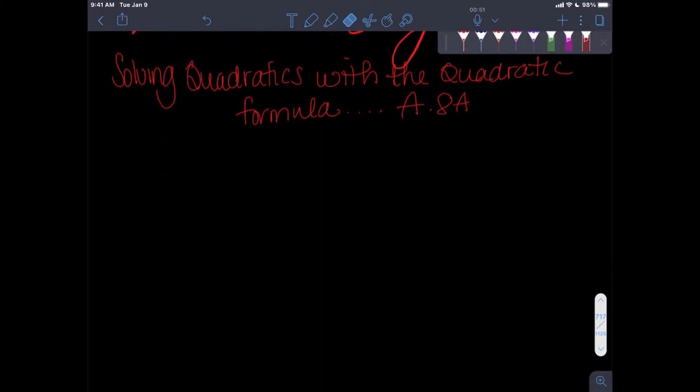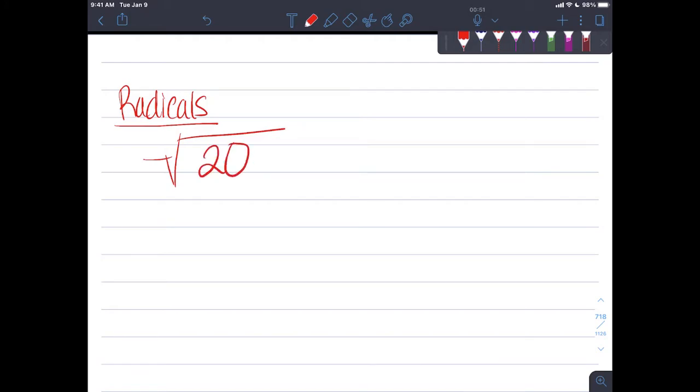So, before we jump into that, I want to talk a little bit more about radicals. Radicals are anything found with this square root symbol, the radical symbol. There are a couple of different things that you need to know. Number one, these can actually be reduced. So, for example, let's say I said square root of 20.